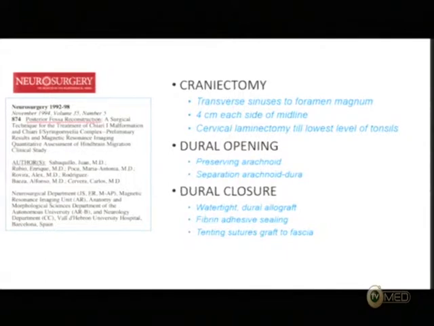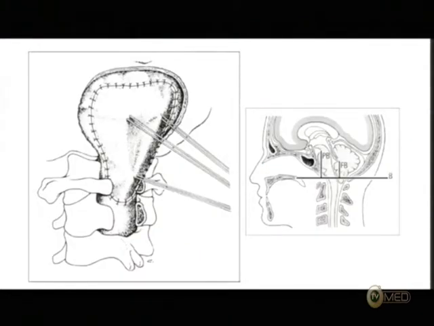We do a dural opening, trying to preserve the arachnoid layer, and then we do, of course, a watertight closure of the dura, using some degree of allograft to create an artificial cisterna magna. This is the type of surgery we used to do.